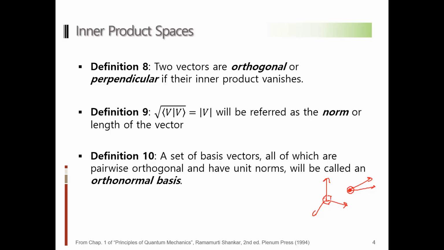However, nobody uses this kind of basis because it is somehow inconvenient to use in many calculations. So with the power of the concept of the inner product, we could define the orthogonality and length concepts, and finally we could define the orthonormal basis. Here, orthogonal means all the basis vectors will be orthogonal to each other, and normal means that all of those basis vectors will have the length of 1.